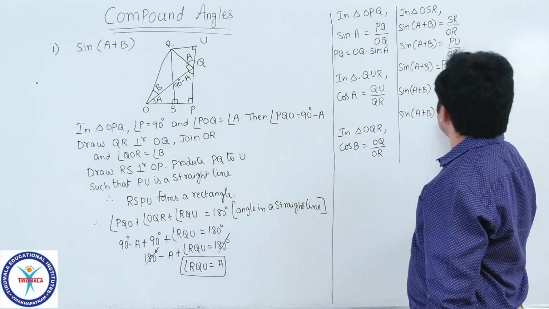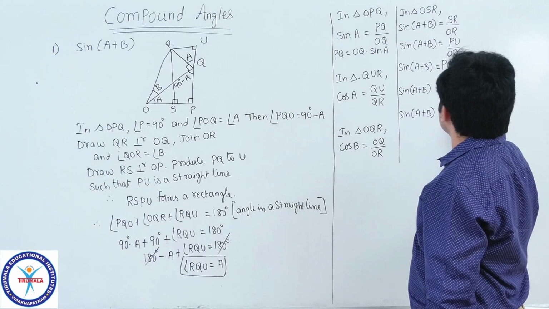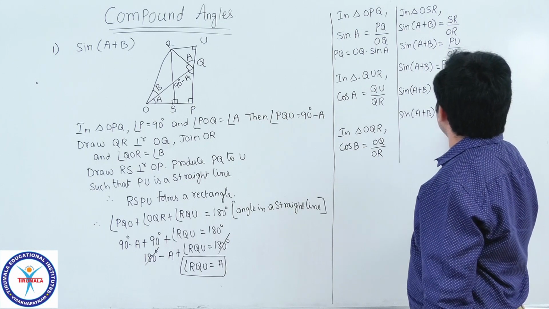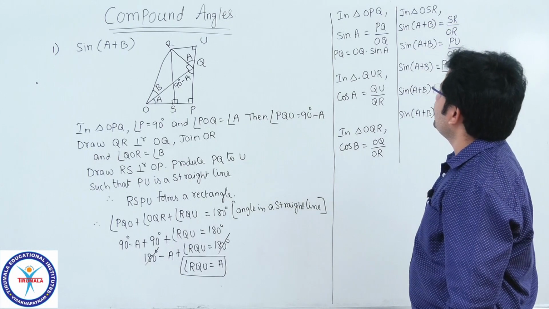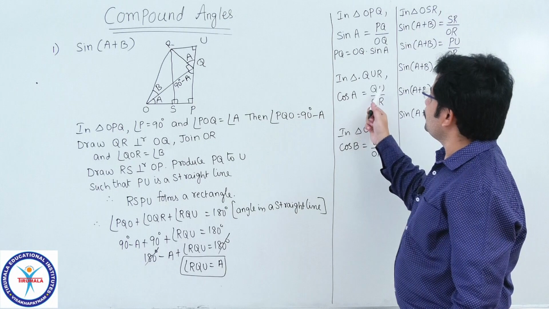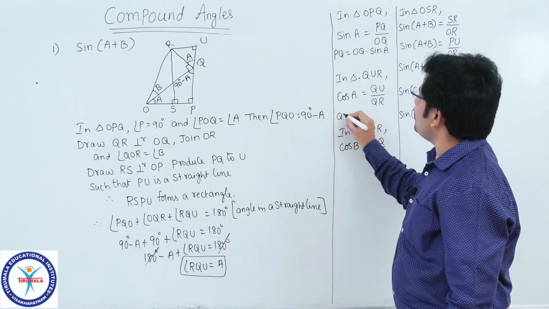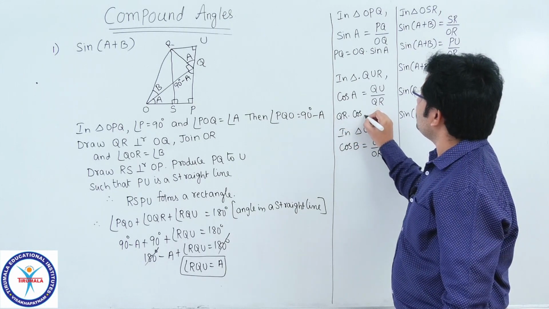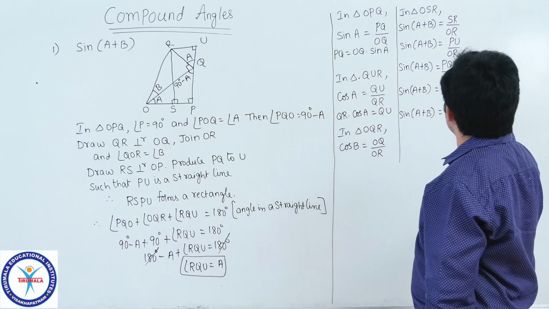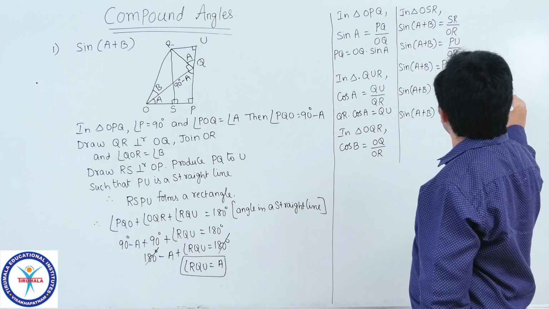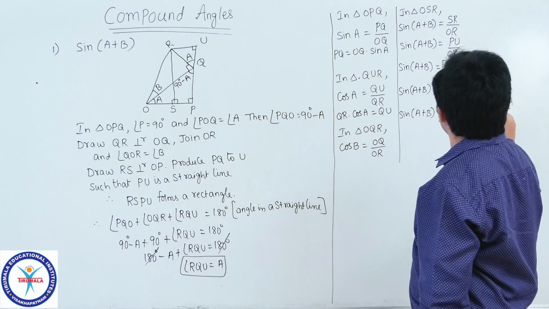Therefore, instead of PQ you can write OQ into sin A by OR plus QU. This QU you can write as QR into cos A, so QR into cos A by OR.